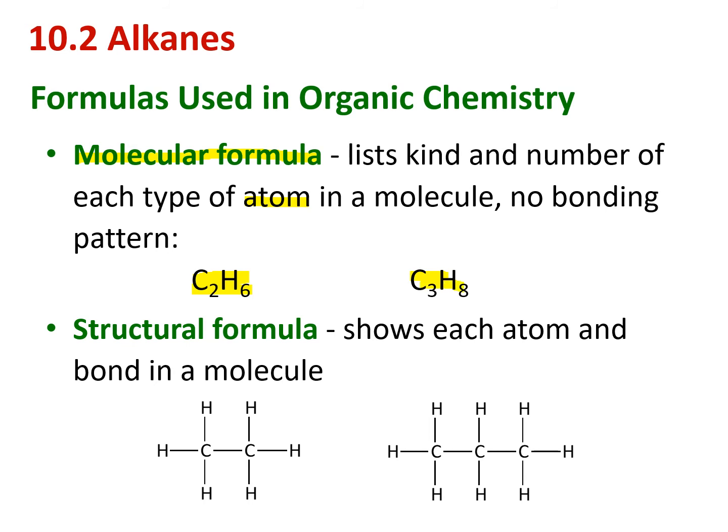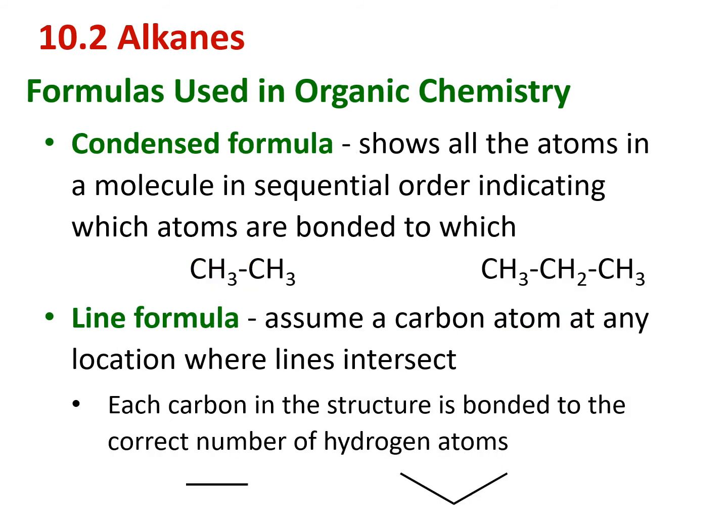Structural formula, on the other hand, shows us each atom as well as each bond in the molecule. So it's giving us additional information about the bonds, and we can see these structural formulas at the bottom, of the same two compounds at the top, C2H6 and C3H8. Next up is the condensed formula and the line formula.